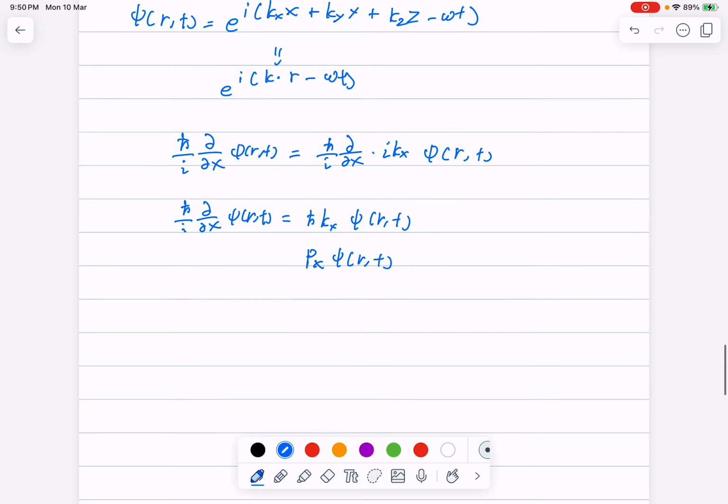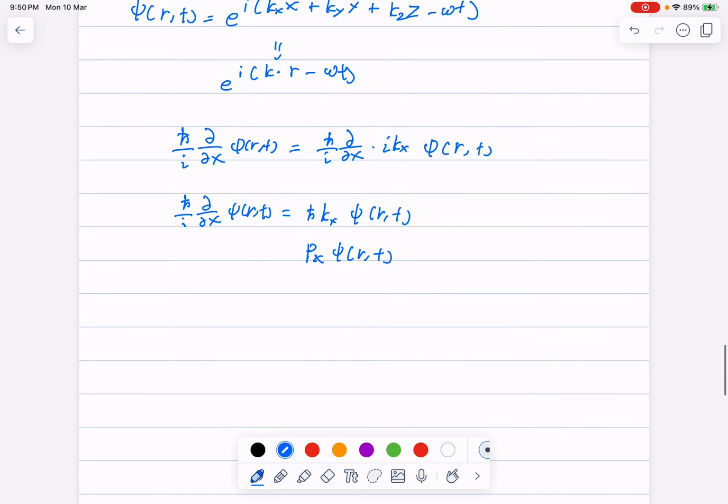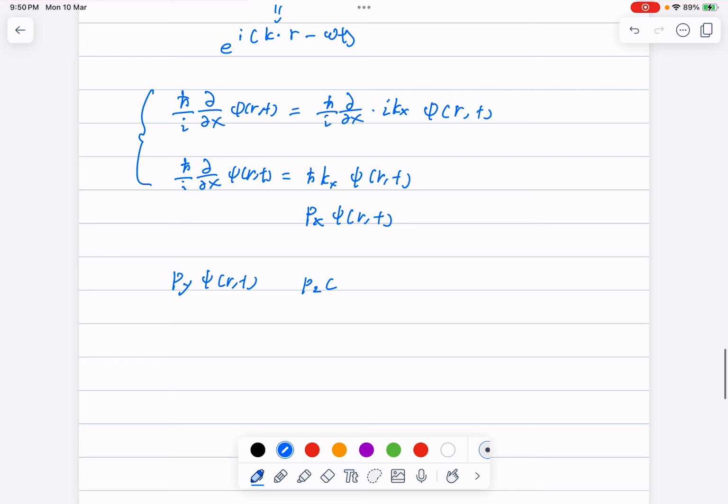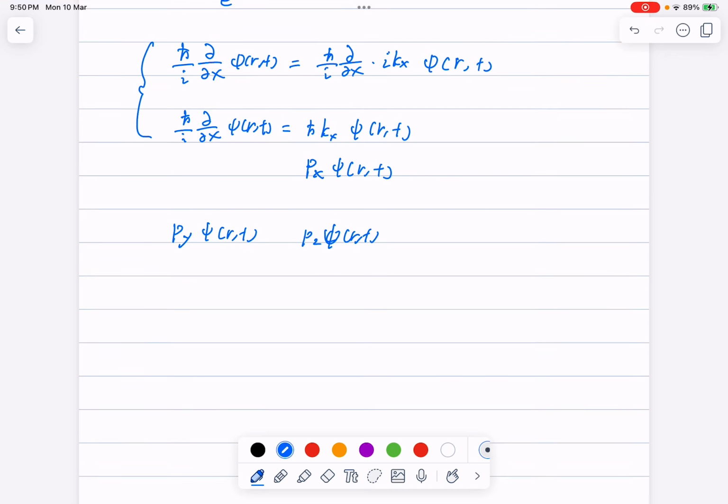We could repeat this process and get p_y psi(r,t) and p_z psi(r,t). And what is the total? We can add them up. Remember the del operator being this.